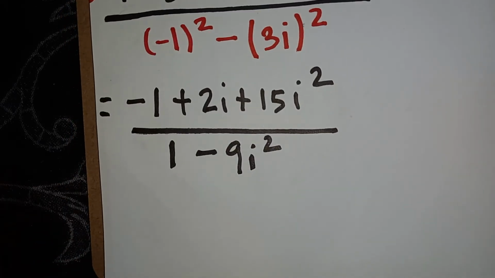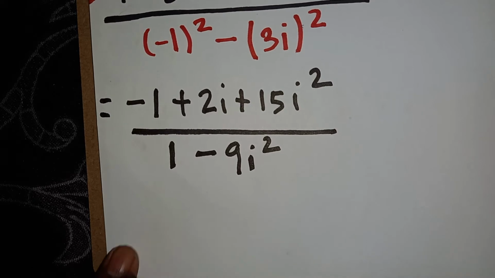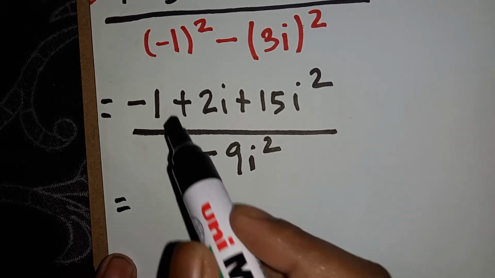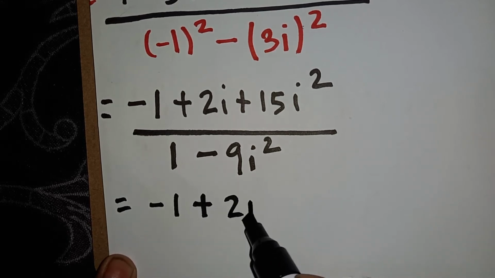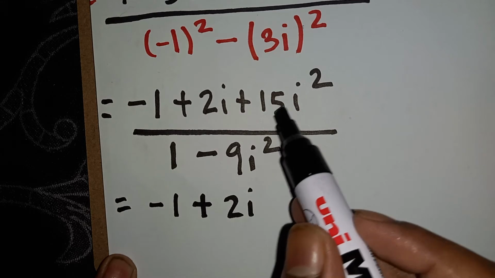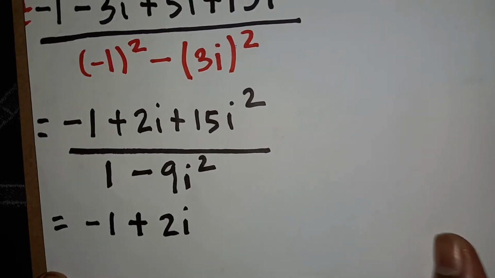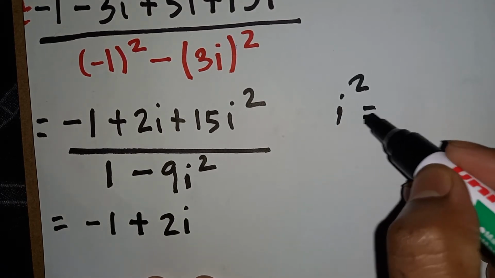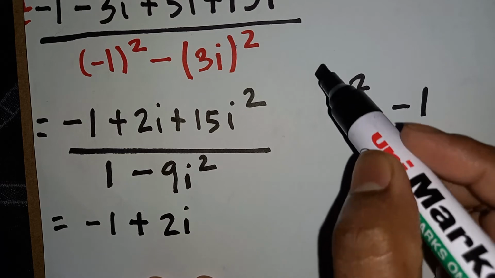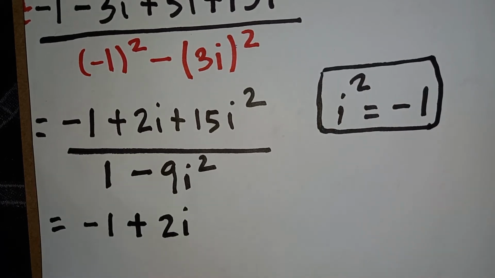Now things are getting simple, so we are going to simplify that more. So we have minus 1 there, plus 2i, and this i squared can be replaced as negative 1, because we know that i squared is equal to minus 1. That is from the imaginary number i.